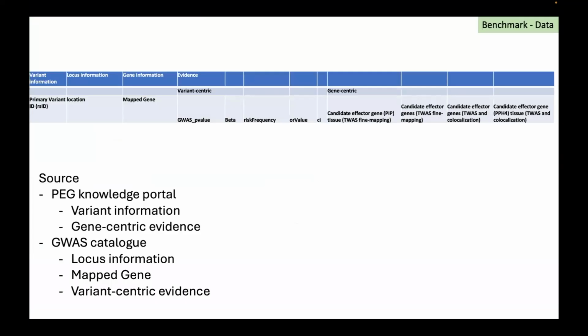We got the different information from different sources for the data. For example, we got the variant information and the gene-centric information from the PEG knowledge portal, and the rest of the columns from the GWAS catalog.